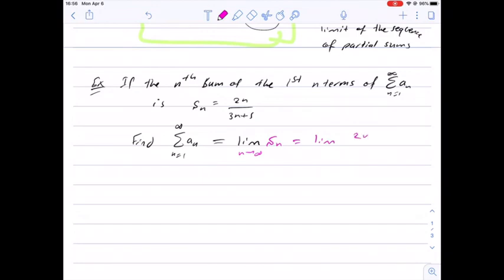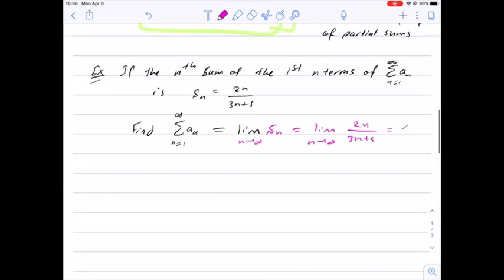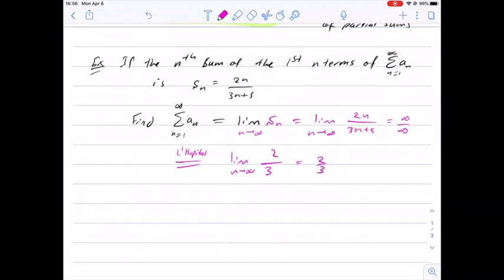Now the limit of Sn is the limit of 2n over 3n plus 5 as n goes to infinity. Since direct substitution gives us infinity over infinity, which is one of the L'Hopital forms, we just find the derivative of the numerator and the derivative of the denominator separately, and that will give us the limit, the sum of this series. This means the series a sub n, n from 1 to infinity, is convergent.